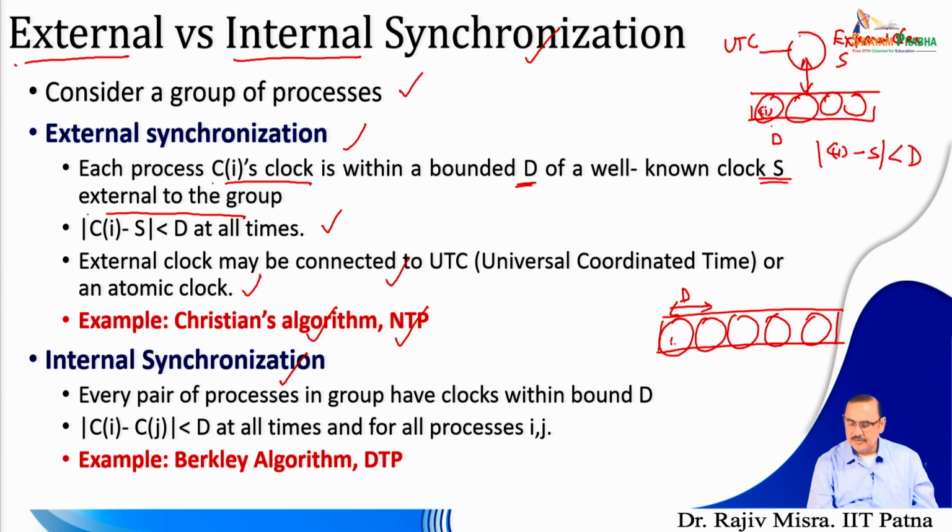If it is i and this is j, then the absolute value of Ci minus Cj is bounded by D at all points of time for any pair of processes. The algorithms which deal with internal synchronization are called Berkeley's algorithm and the Data Center Time Protocol.